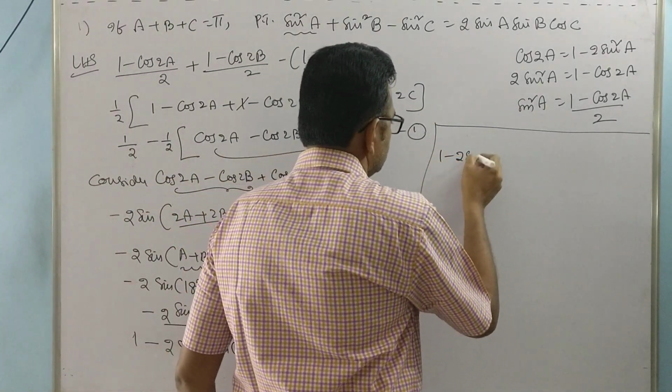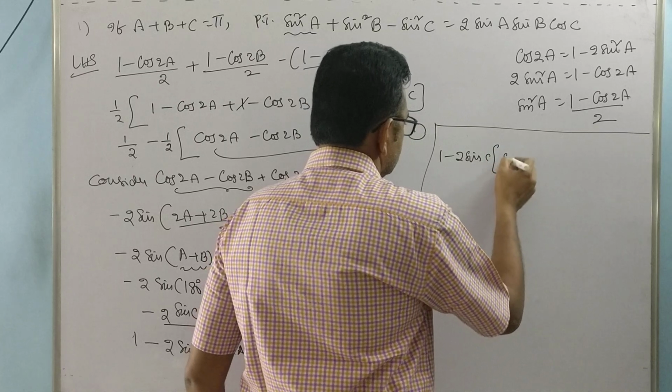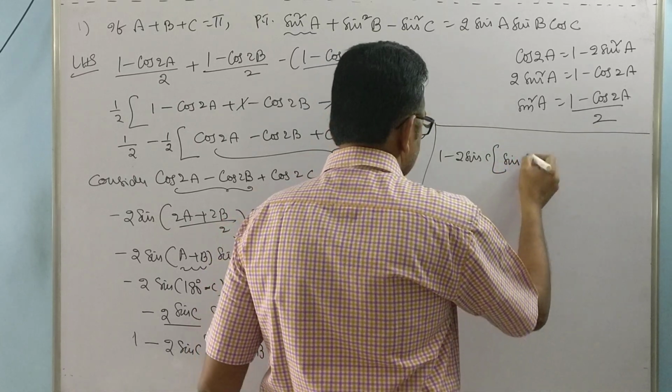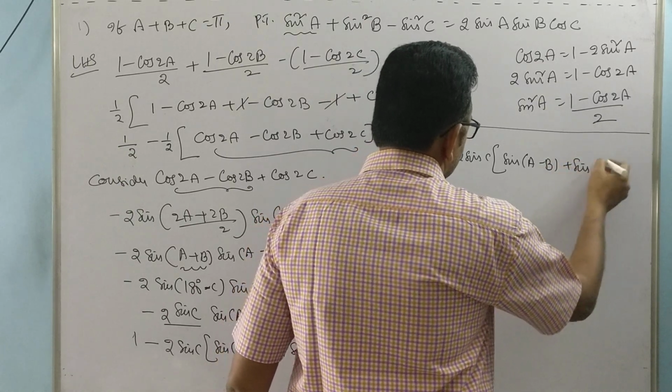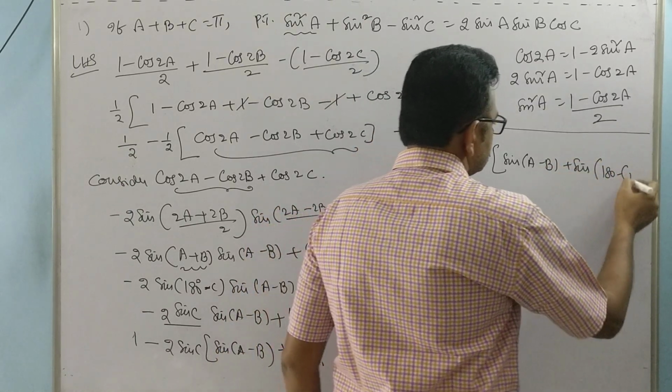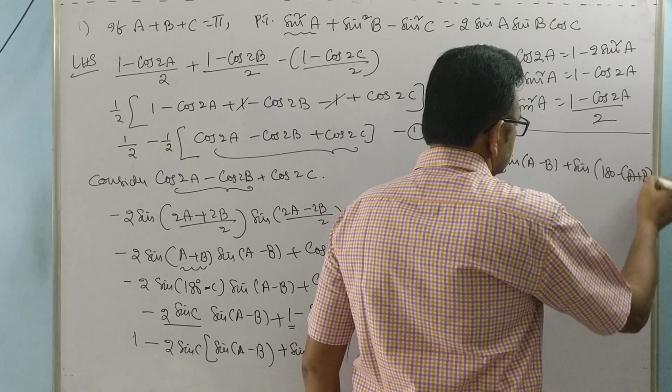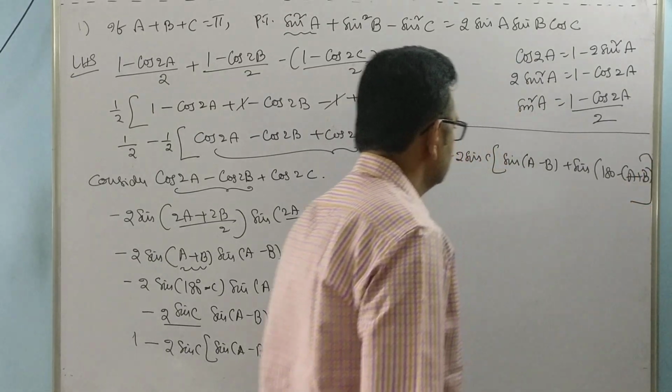So this is 1 minus 2 sin c into sin of a minus b plus sin c. Sin c can be written as sin of 180 minus of a plus b, and sin of 180 minus theta is sin theta, so this is sin of a plus b.